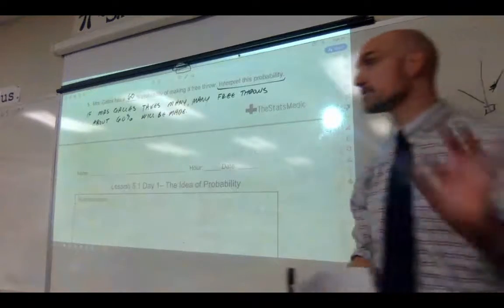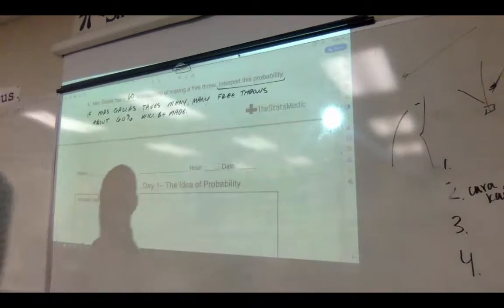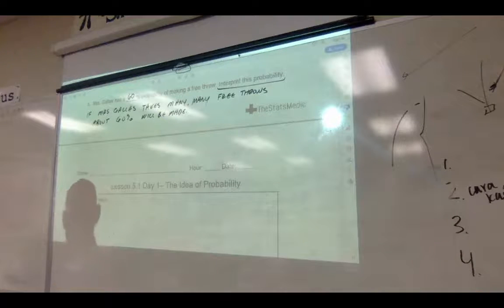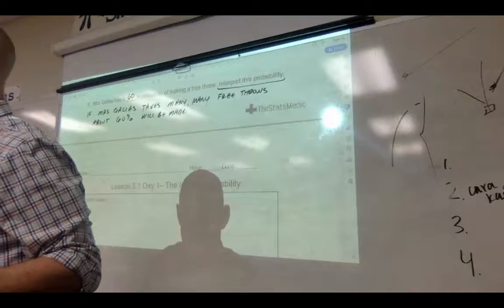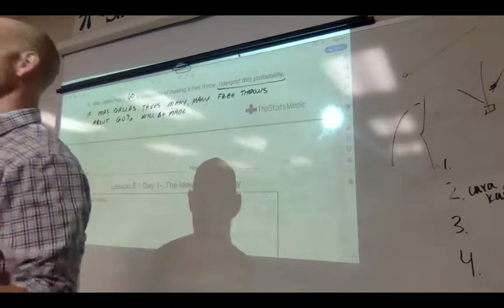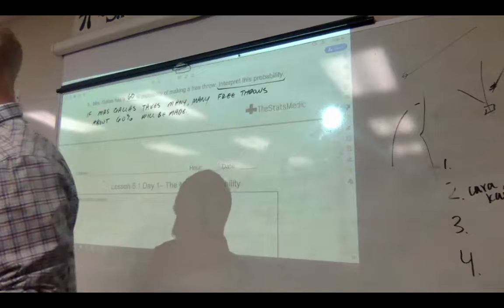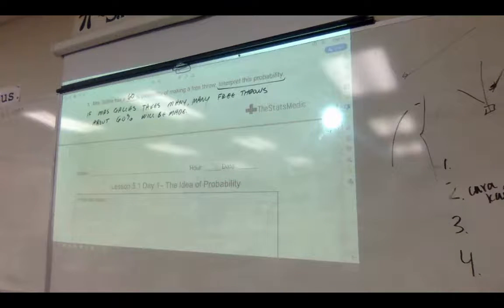Honestly, guys, there's tons of ways to illustrate this. If I start flipping a coin and I have 10 trials, is it likely that I'm going to have 5 heads, 5 tails? Is it likely? No. Okay. So what if I had 7 and 3?